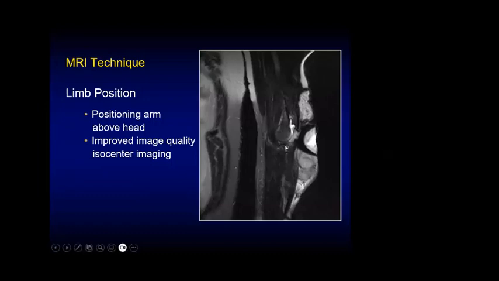patient with the soft tissue tumor in the upper limb adjacent to the elbow. If you image this patient with the arm by the side, then you will get image distortion because it's not isocentered in the MRI scanner. It lies in the periphery of the magnetic field. And because of the location in the periphery of the magnetic field, it becomes susceptible to image inhomogeneity and then failure of fat saturation.